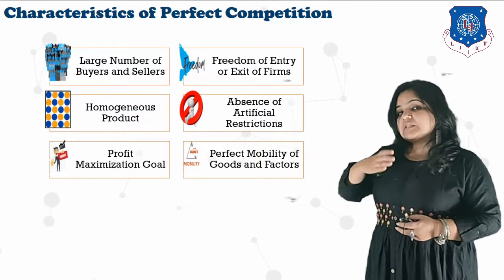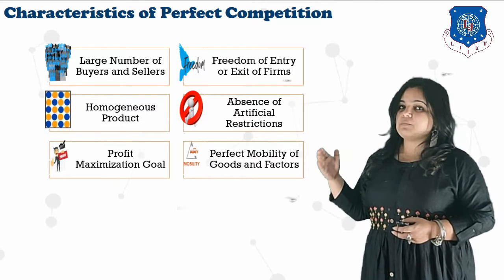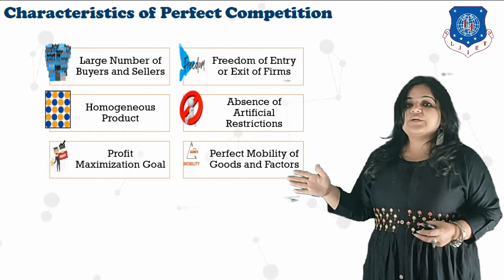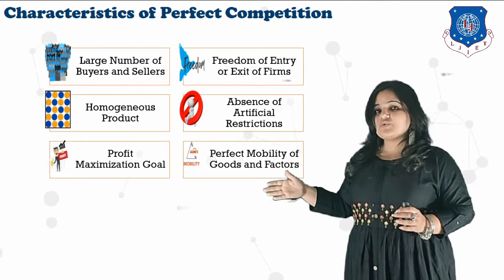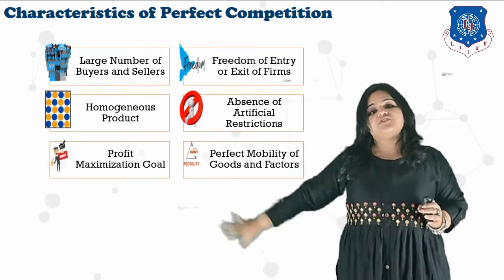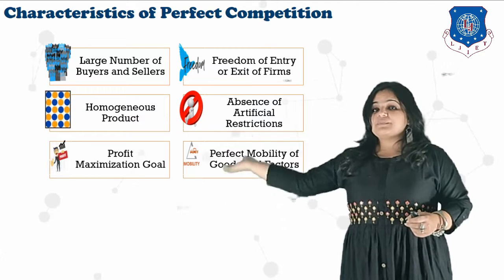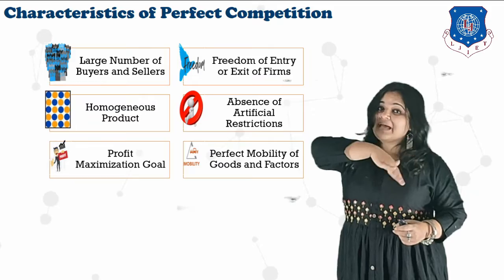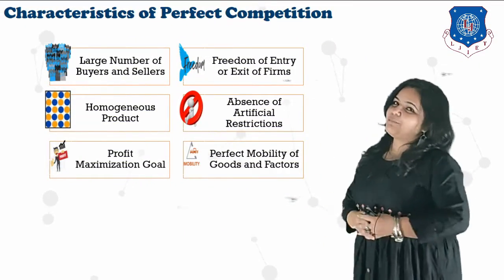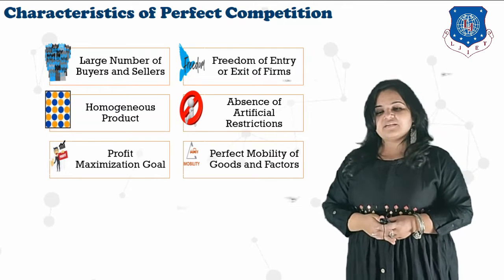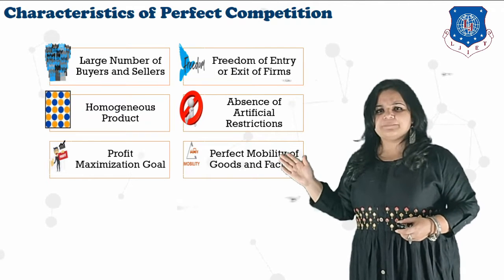Otherwise, if these factors are not mobile, then at one particular place the vegetables could be sold and at another place the vegetables would not be able to sell, and some people will have to travel long distances for buying these vegetables. So we are assuming here that if there is perfect competition, everything is perfectly mobile.